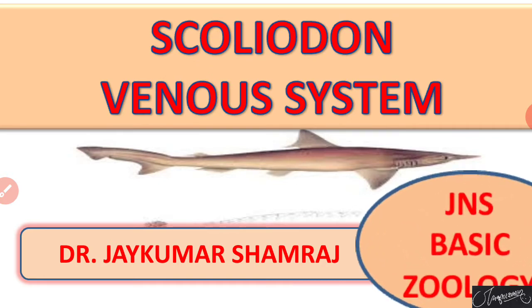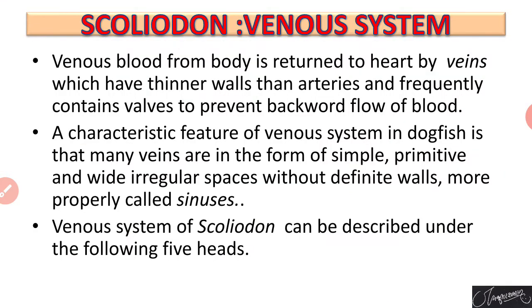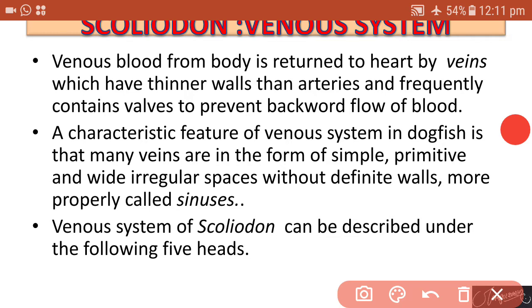So we know that the veins are the impure blood vessels which collect blood from various parts of the body. That is, the deoxygenated blood from the various parts of the body is collected by a particular type of blood vessels in all organisms, and that is called veins, and these veins form a system.